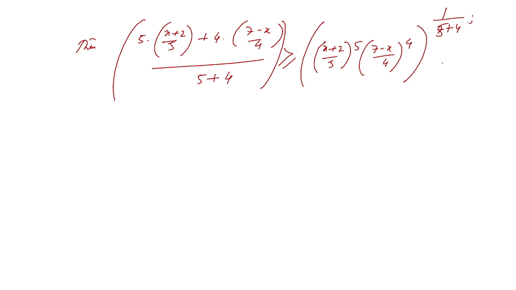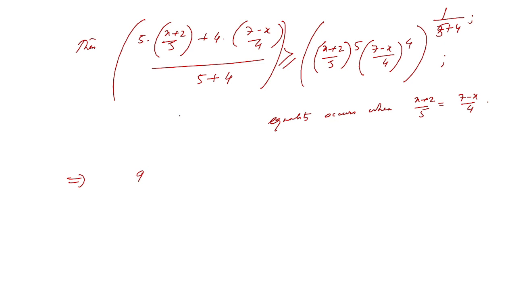And equality occurs when (x+2)/5 equals (7-x)/4. Now we'll do the simplification. The 5 cancels, the 4 cancels, x also cancels, so that will be 9.